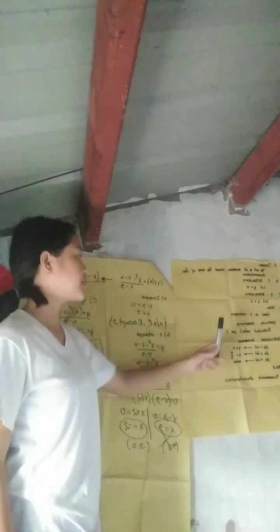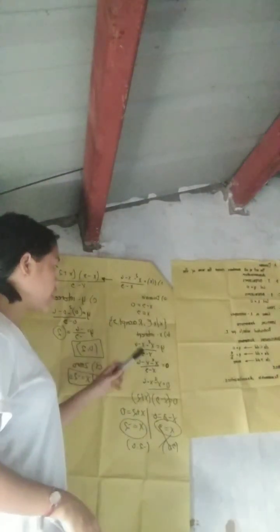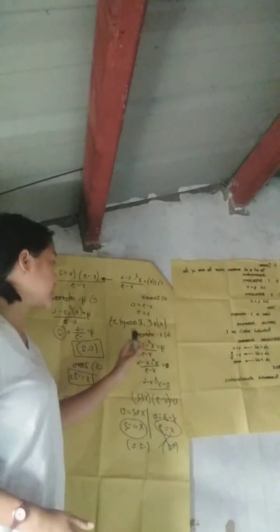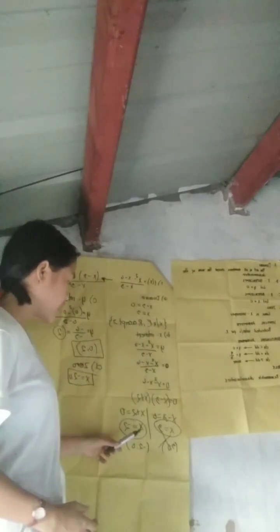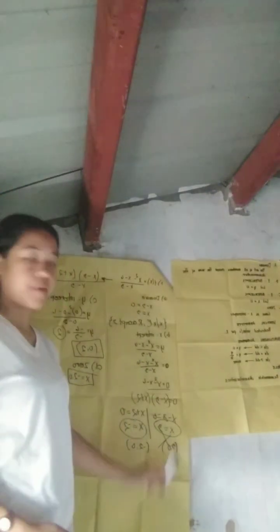Let's proceed to letter D, which is the zero. The zero is the same as the x-intercept. Our values of x in the x-intercept solution are negative 2 and positive 3.